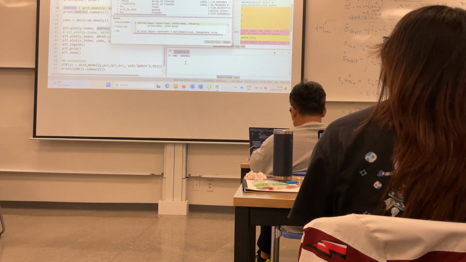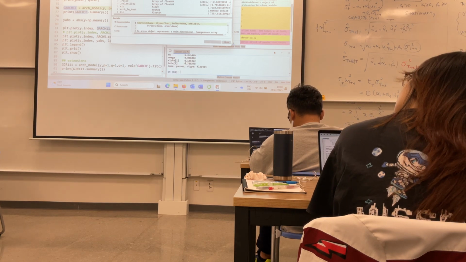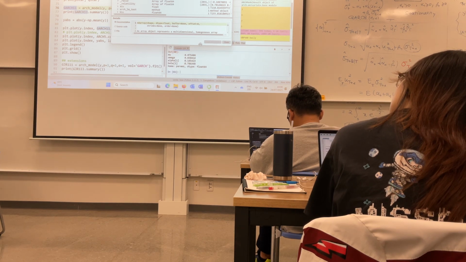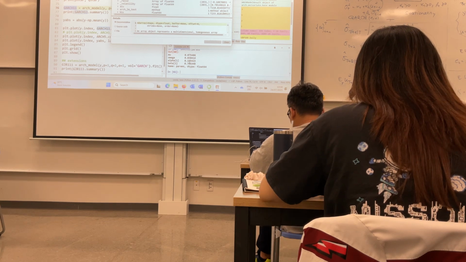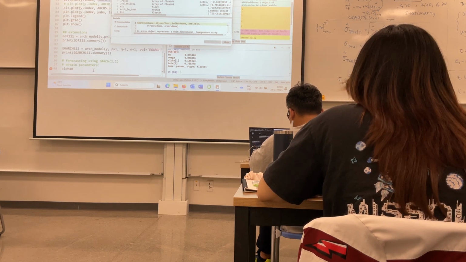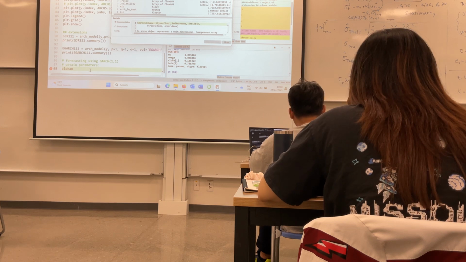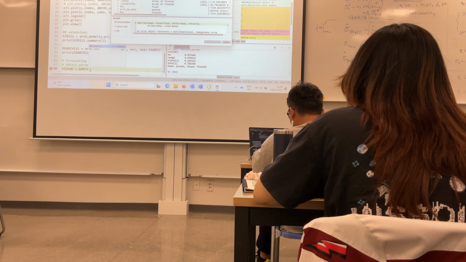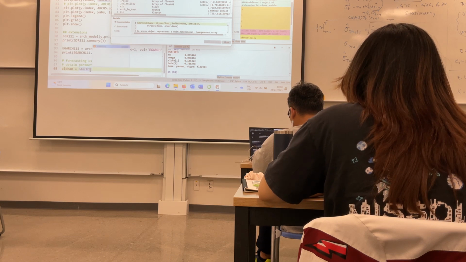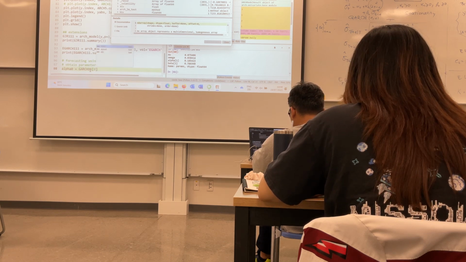GARCH(1,1).params. And these are all of the parameters that we have. So we can get the alpha 0. And alpha 0 is GARCH(1,1). Let's see if it works like that.